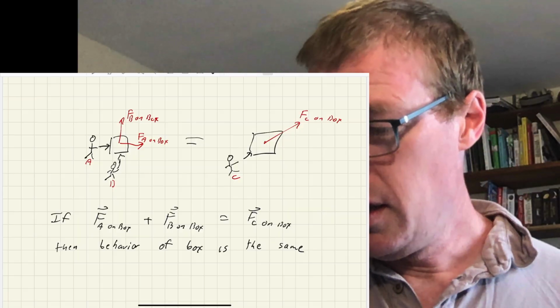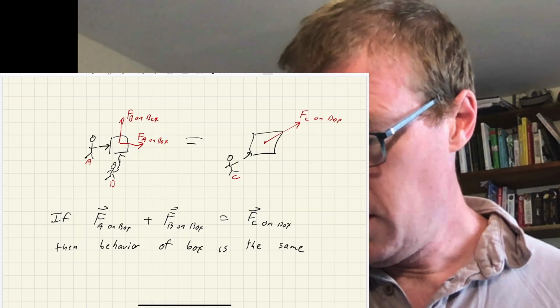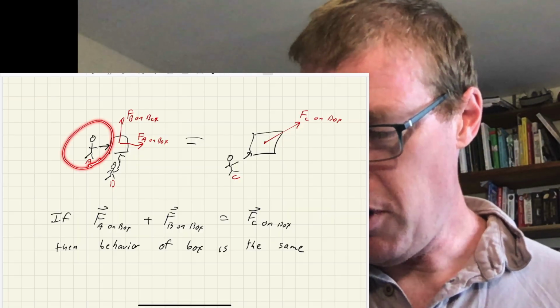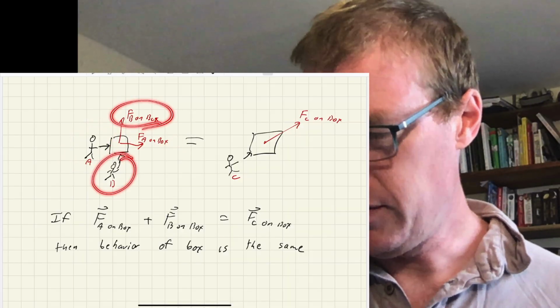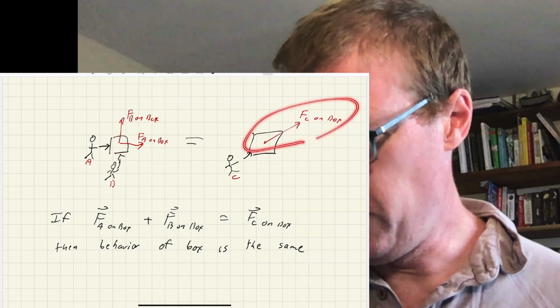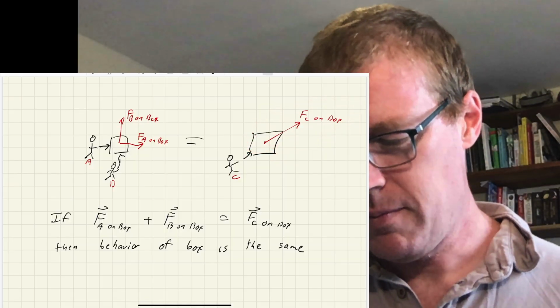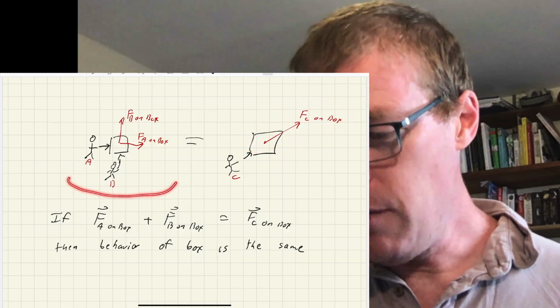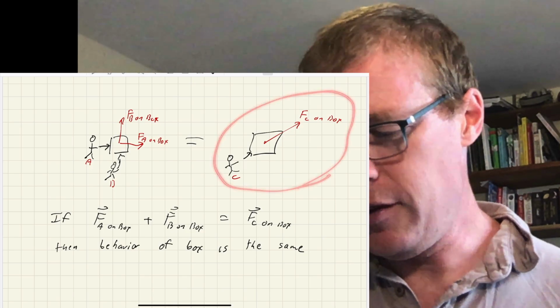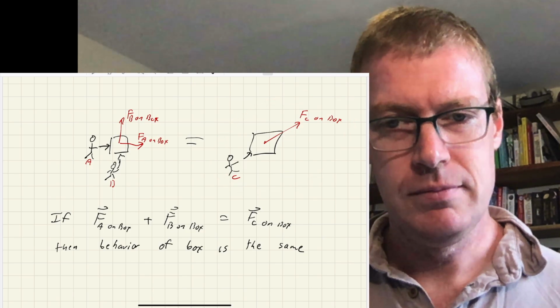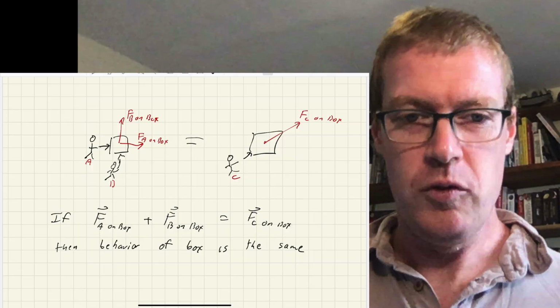So, if the force of person A on the box plus the force of person B on the box is equal to the force of person C on the box, then the behavior of the box in this situation is the same as the behavior of the box in that situation. One can simply add up the vector forces.